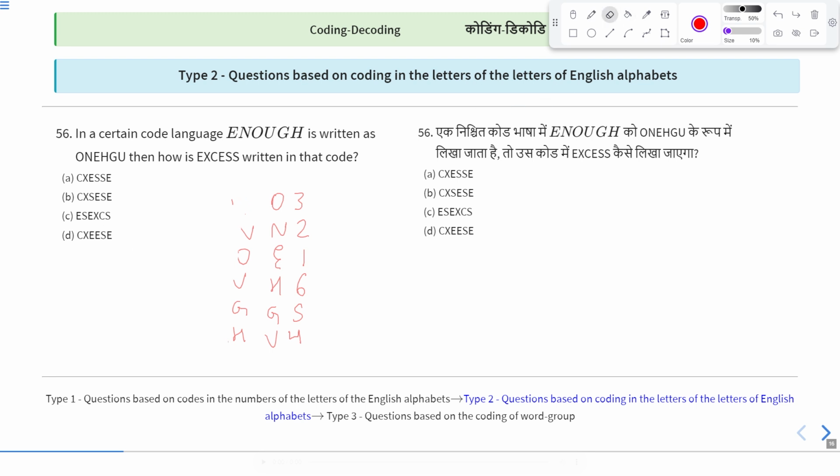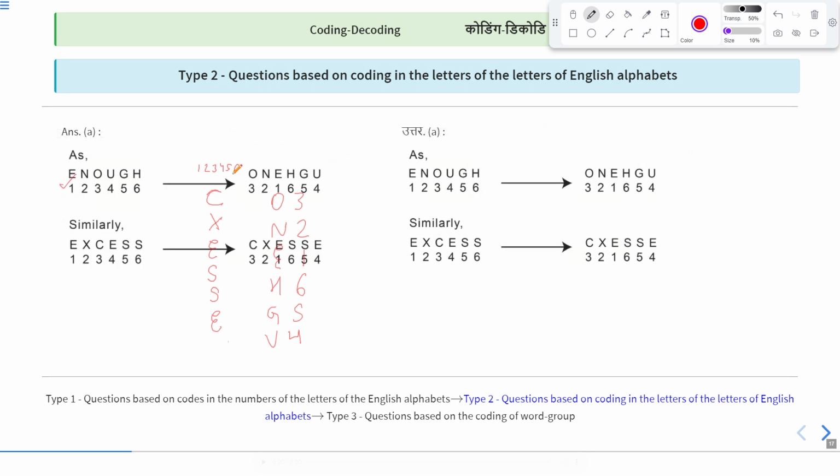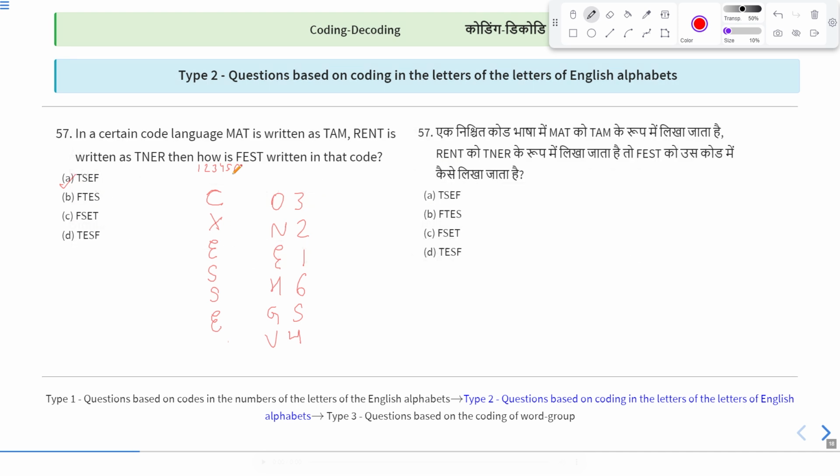So how is EXCESS written? Similarly, EXCESS becomes 3, 2, 1, 6, 5, 4: CXESSE. That is the answer.